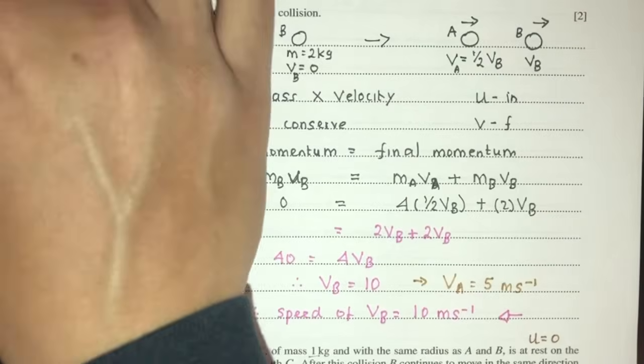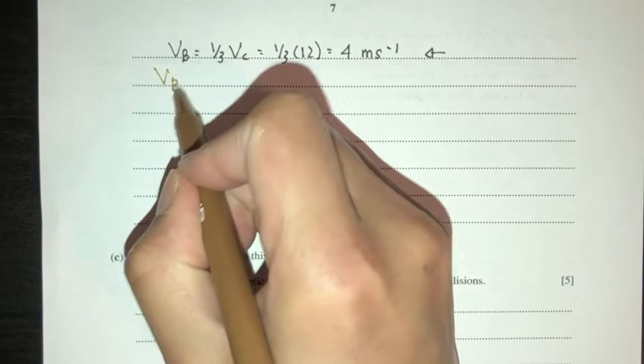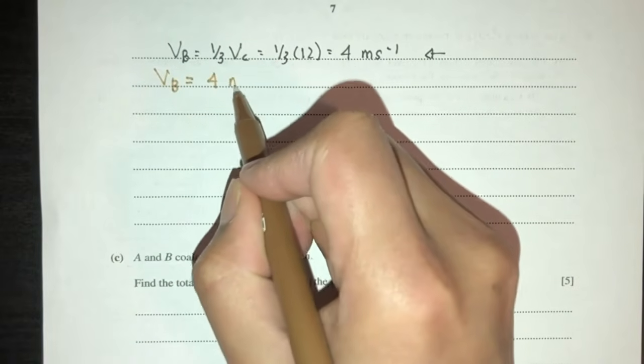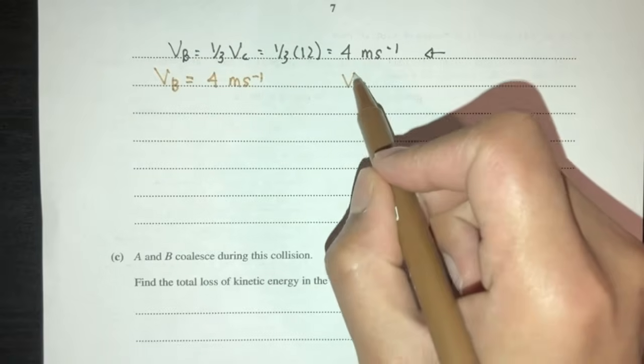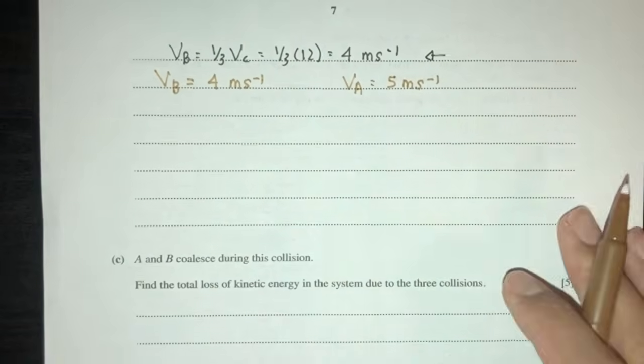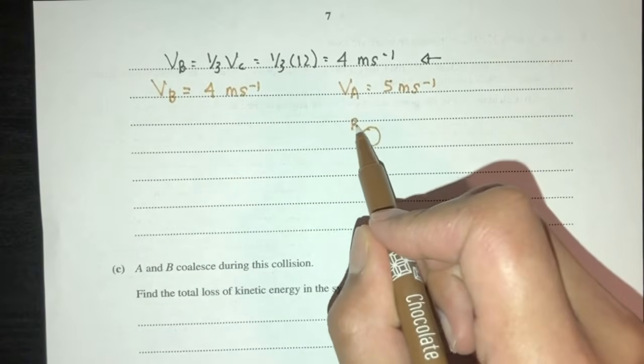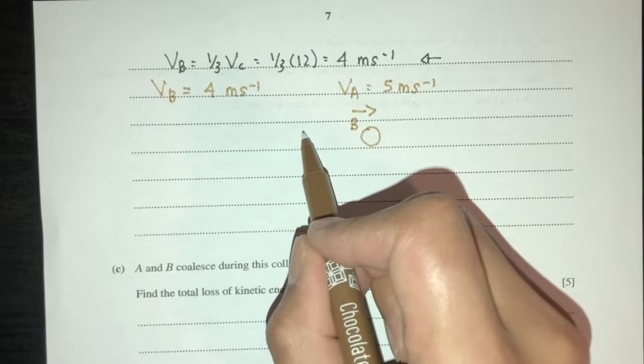So now to answer the question, if they can collide, we have to compare the speeds. We have speed of B equal to 4 meters per second and speed of A equal to 5 meters per second. So basically, they are both going in the same direction. Right now B is here and A is here.